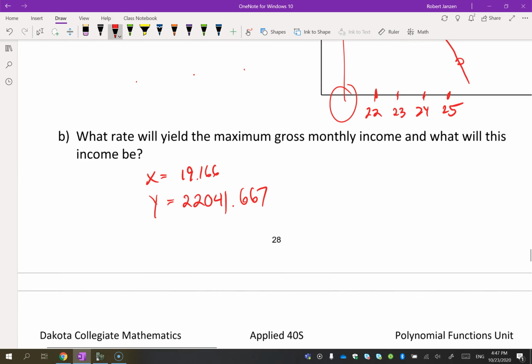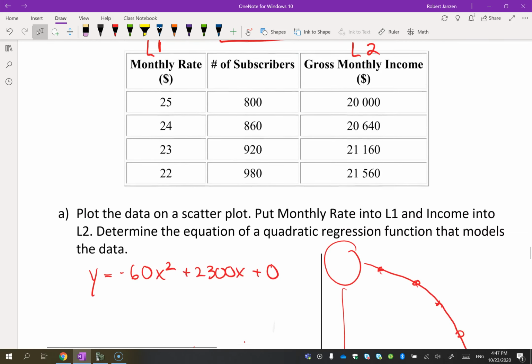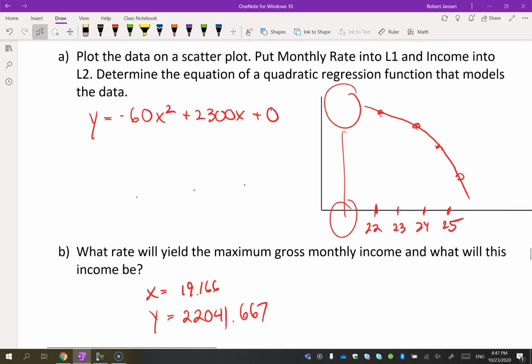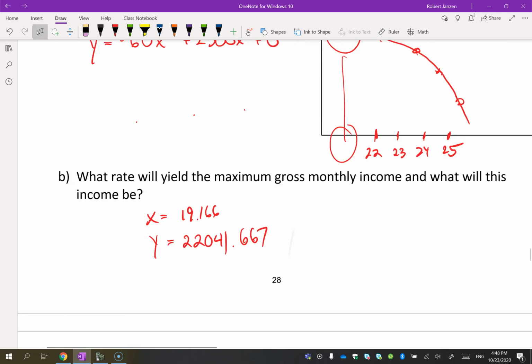What rate will yield the maximum gross monthly income? Well, do I have the option of charging $19.16 or 17 cents? I suppose I do.